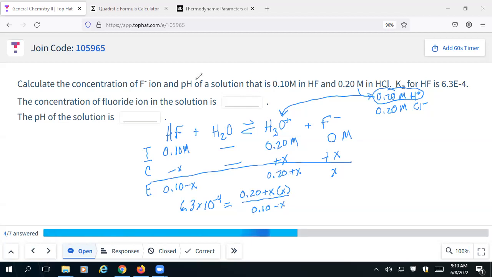With our 5% approximation, again, we're not more than an order of magnitude off if we do those approximations. So I can get rid of the plus x and the minus x here. That's going to simplify this a good bit.